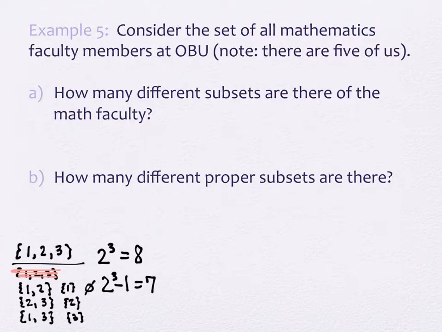There are 5 of us, so what would I do to find the number of subsets? 2 to the 5th. 2 to the n with n equal 5. So what is 2 to the 5th? 32. How many different proper subsets are there? 31. Fantastic little formula there, right? Really is.